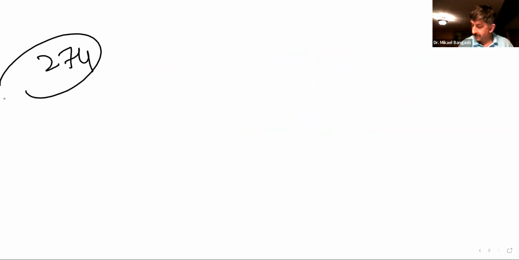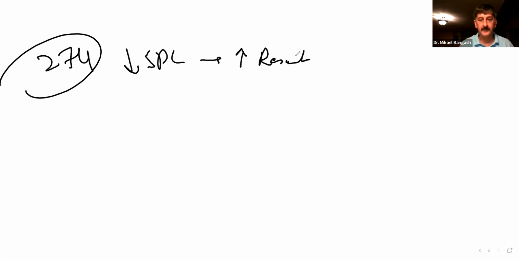Question number 274. So the shorter pulse, the shorter pulse length, the better the picture. We can say shorter SPL, greater resolution or better resolution.